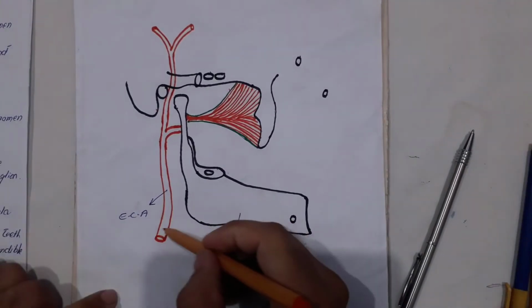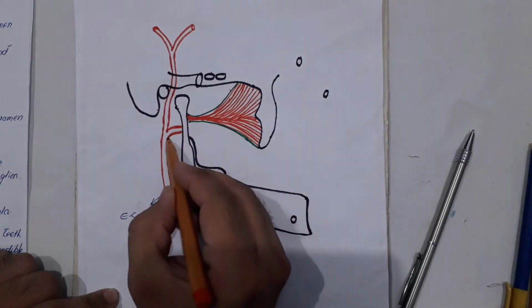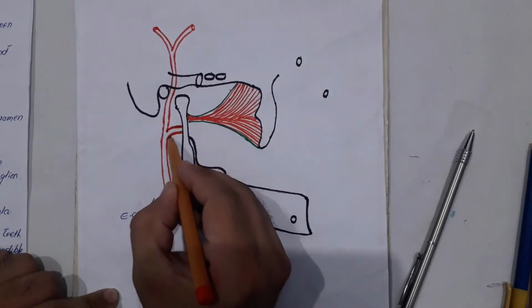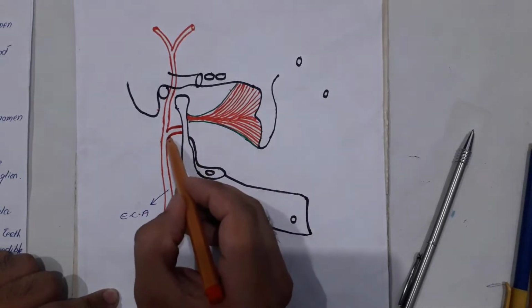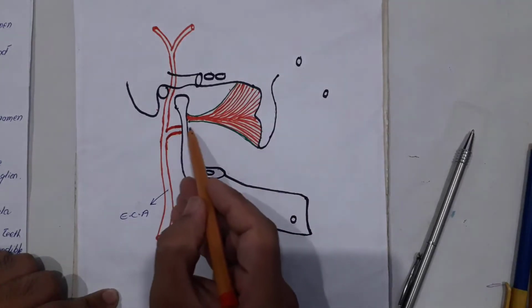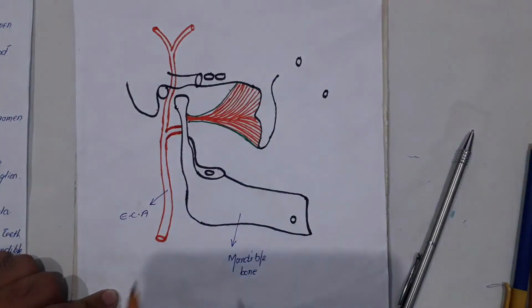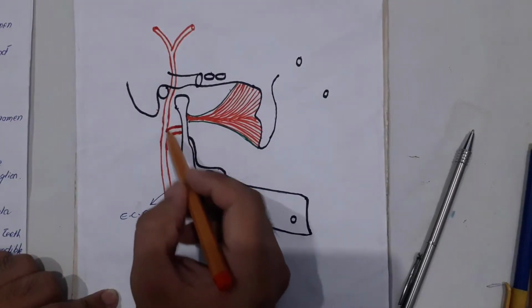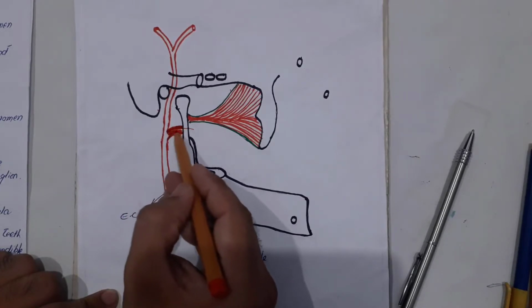While this external carotid artery is going up, it terminates into 2 important branches, right? This one is maxillary artery and this one is superficial temporal artery, right? So one of the 2 terminal branches, the first one, is the maxillary artery.